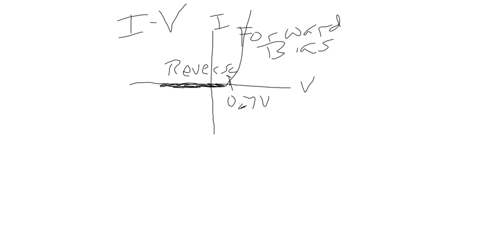Now, if we go far enough in the reverse direction, there is a point, and it's different for different diodes, where it'll start to conduct in the reverse direction. We call that saturation.